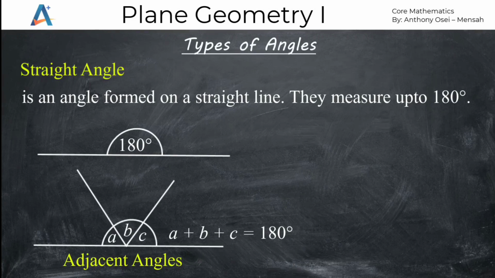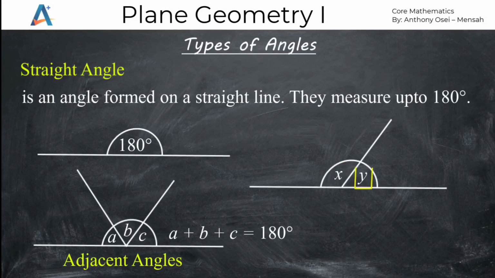Now, this has the same character as what is referred to as adjacent supplementary angles. Further in this course, we will study supplementary angles, and we'll come to realize that supplementary angles sum up to 180. And adjacent angles are angles that are beside each other. So when I draw a straight line and I have x here and y here, since x and y are separated by a line and are directly beside each other, they are referred to as adjacent angles.